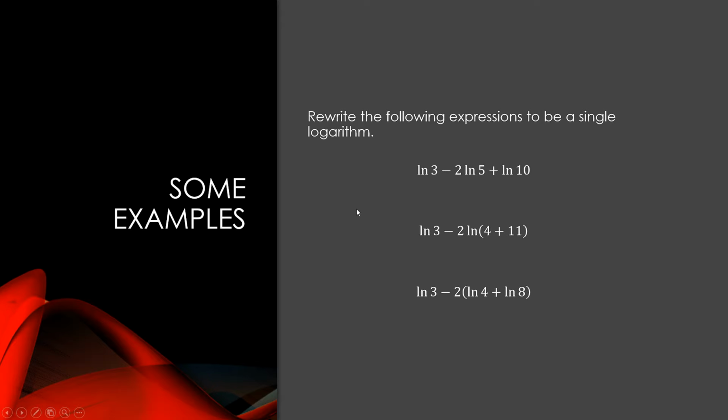But anyway, we are going to do this because it can be helpful to reduce the number of logarithms on the page. All right, so I've got three expressions here. They're different expressions. We're going to do this three times. And you see how I've got three logarithms here, three logarithms in the next, three logarithms in the next. We're going to reduce those expressions to be equivalent, but just with a single logarithm.